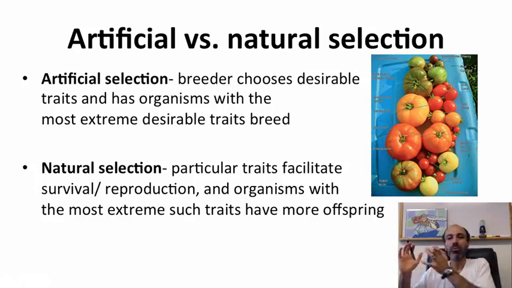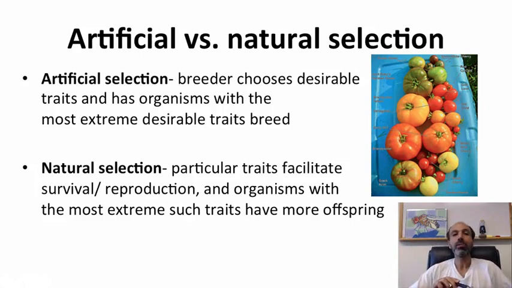You take your 2 friendliest collies and you breed them. The same sort of thing happens with natural selection. Particular traits will facilitate survival or reproduction, and organisms with the most extreme such traits end up having the most offspring. So the same principle applies. And again, the response to either kind of selection, whether it's natural or artificial, is always going to be in terms of the genetic variance.